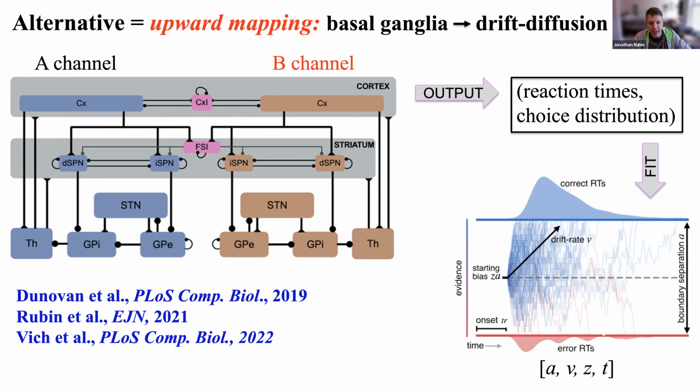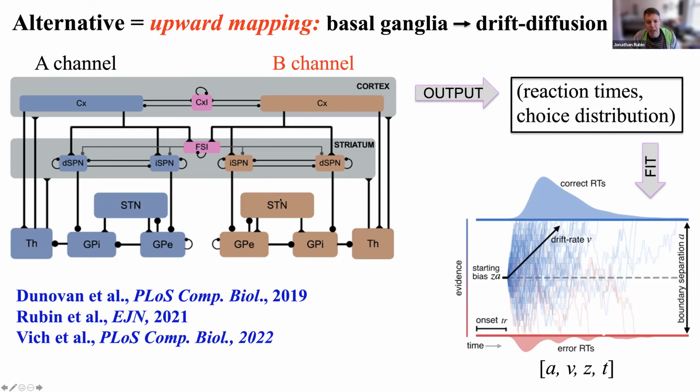We can simulate this big network, which has these two channels receiving cortical input, leading to output, and we can impose a decision condition based on the output of the basal ganglia.